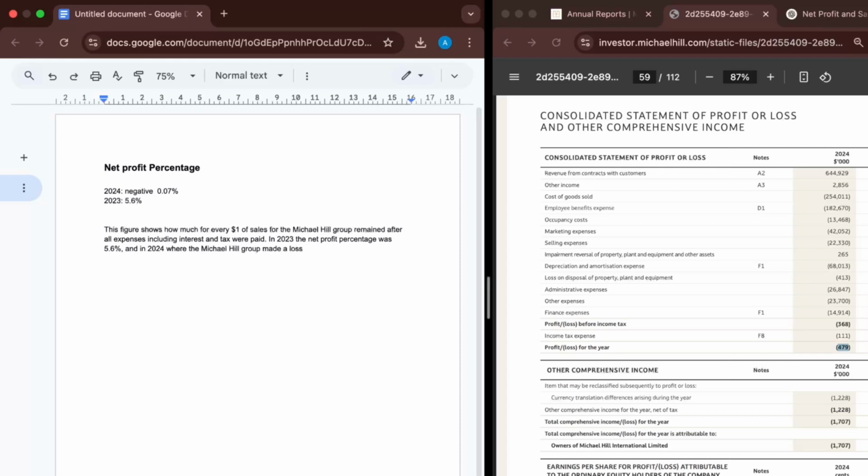Just mentioning that before. The net profit percentage was, sorry, not 5.6%, it was negative 0.07%. So pretty bad, guys. Very downward kind of trend.